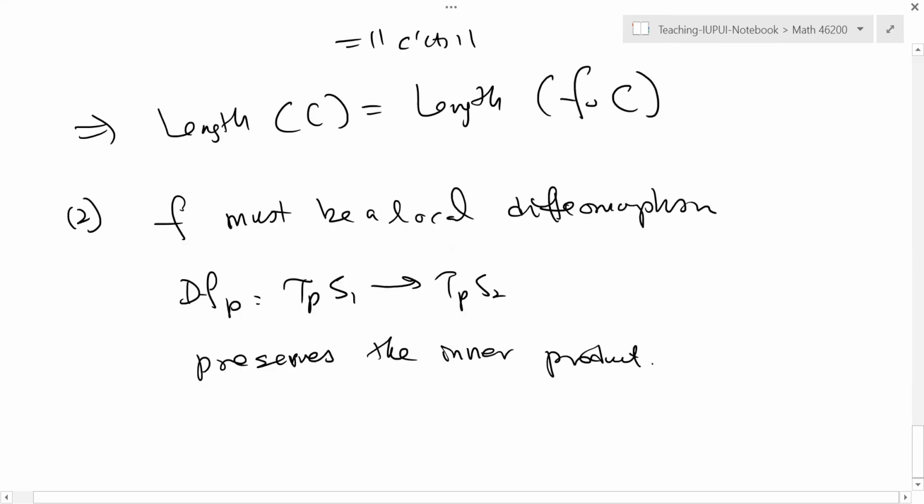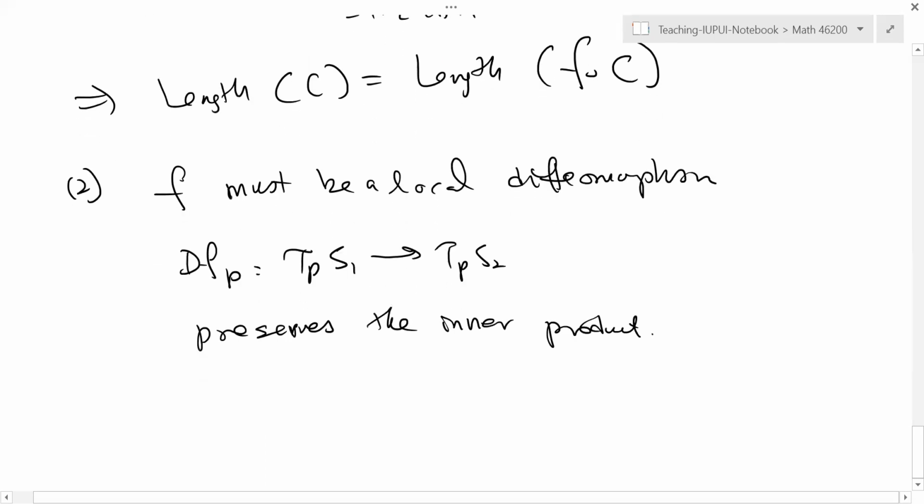If it preserves the inner product, from linear algebra you can show that there's an inner product here and also an inner product here at FP. There is an inner product in the tangent plane, so it's a two-dimensional vector space. If some linear map preserves the inner product, then this must be invertible.